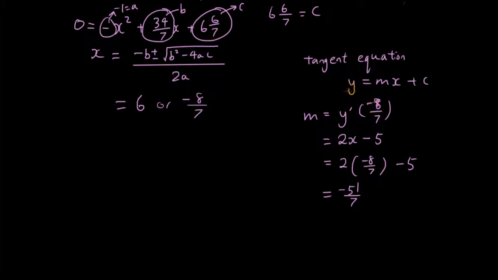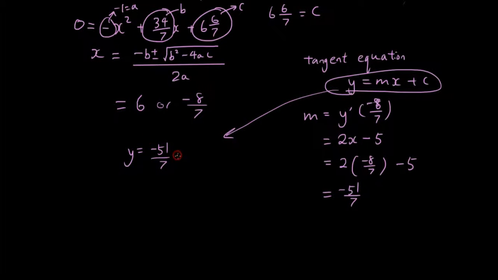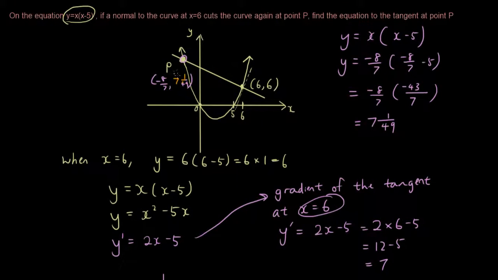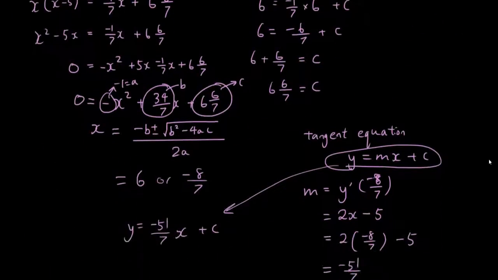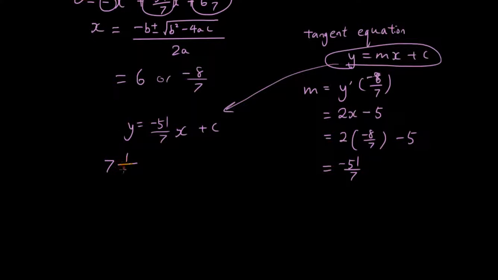So continuing from here, we have y equals m, which is negative 51 over 7, x plus c. In order to work out c, we're going to substitute in the coordinates of point P, which is negative 8 over 7 for x, and 7 and 1/49 for y. So 7 and 1/49 for y equals negative 51 over 7 times x, which is negative 8 over 7, plus c.